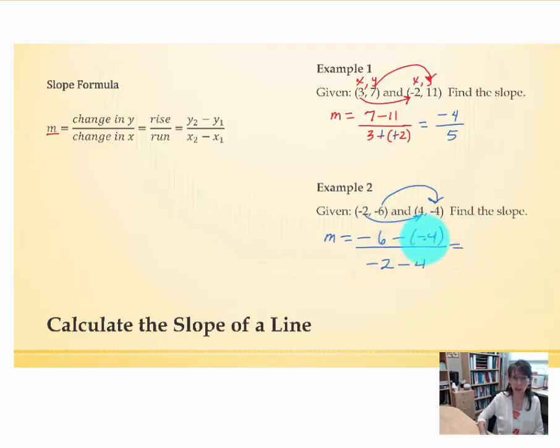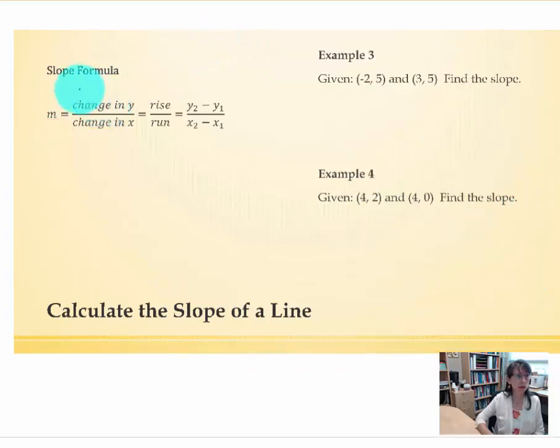When you have subtraction of a negative, that changes to plus. So negative 6 add 4 will give us negative 2 in the numerator. Negative 2 minus 4 gives us negative 6 in the denominator. Whenever it's possible to reduce fractions, we always do that. And with the sign, negative divided by negative will mean we have a positive 1/3 slope.